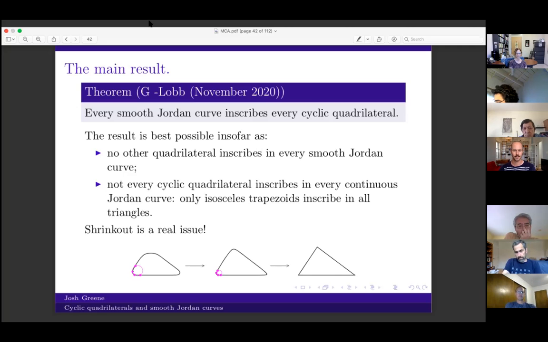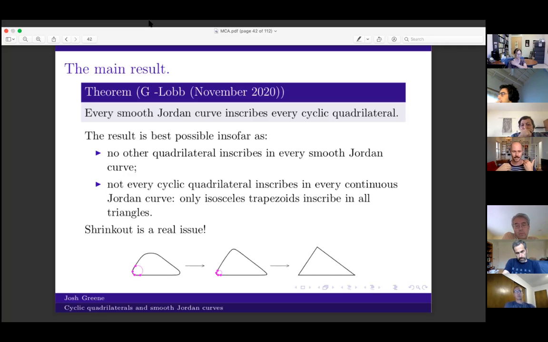To get started, I first want to get a handle on the class of cyclic quadrilaterals. To take a step back, if you're thinking about trying to find a copy of a similarity class of inscribed rectangle in a Jordan curve, the similarity class of a rectangle is determined by one parameter, namely the aspect ratio, or equivalently, the angle at which the diagonals meet.